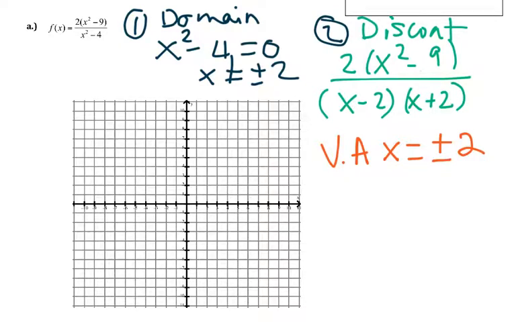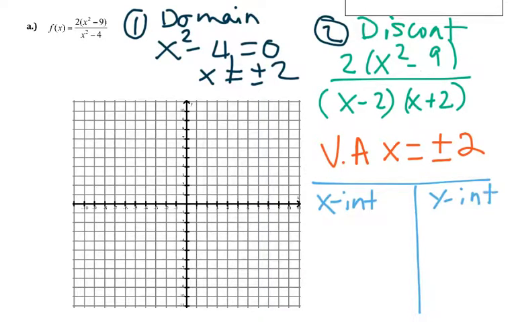Alright, so the third thing that we're going to check is the x and y intercept. X-intercept, let's check that first, and then we also check for the y-intercept. For the x-intercept, I'm going to check when y is 0.